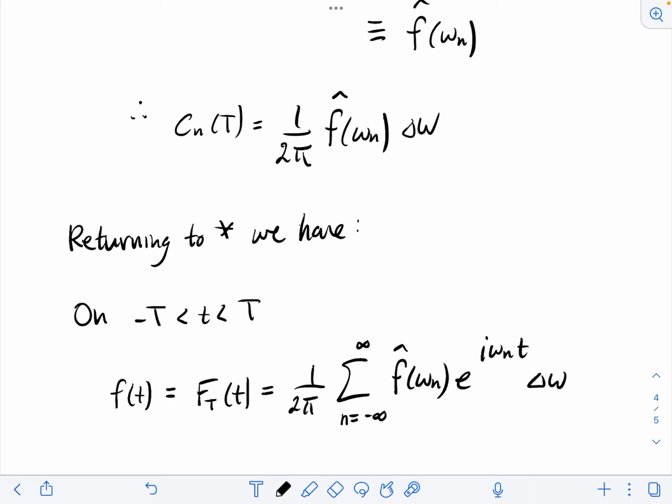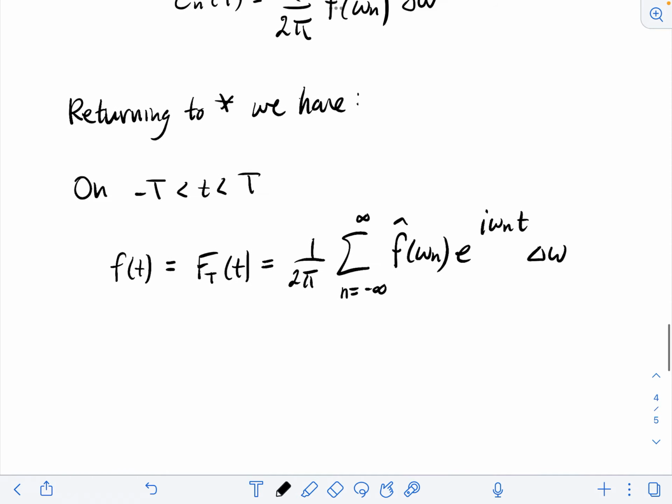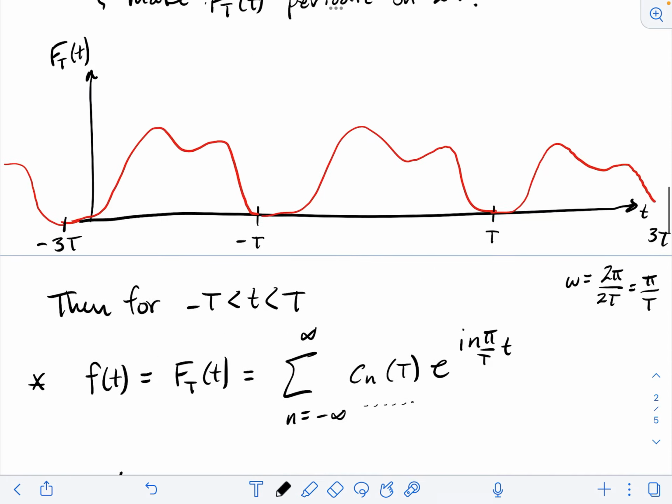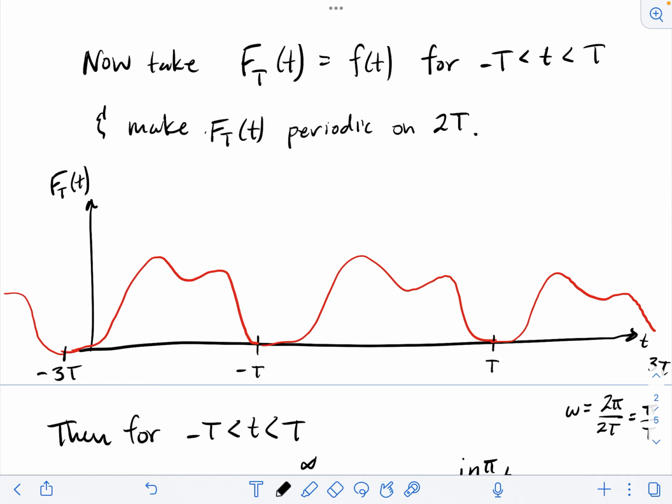So what we're going to do now is say, well, we've constructed this periodic function, but what if we made the period really long, like we take the limit that this period goes to infinity? Then we spread out how often, or we increase the time that it takes for this function to repeat.